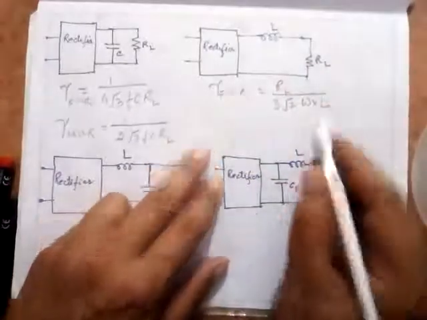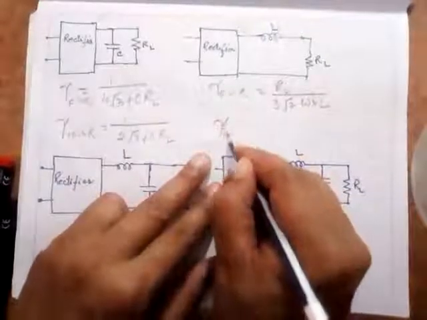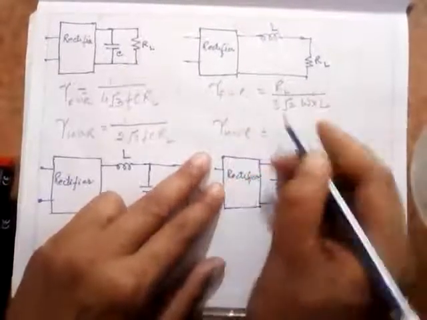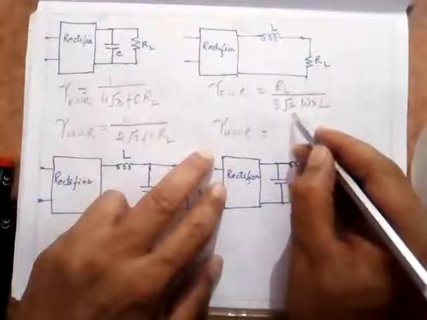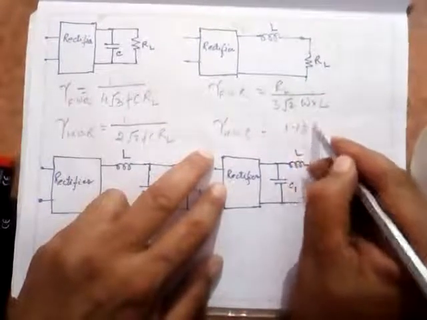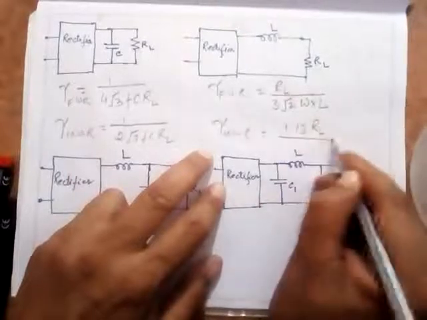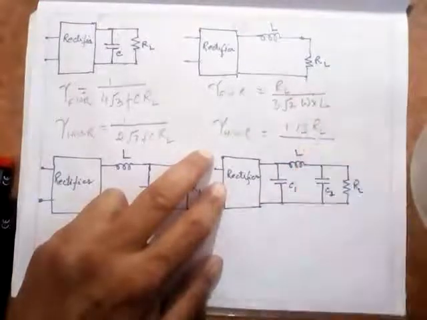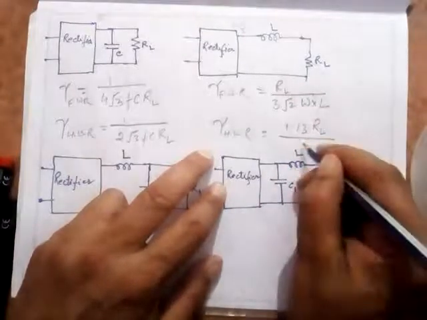And for a half wave rectifier, this is given directly by 1.13 RL upon omega L.